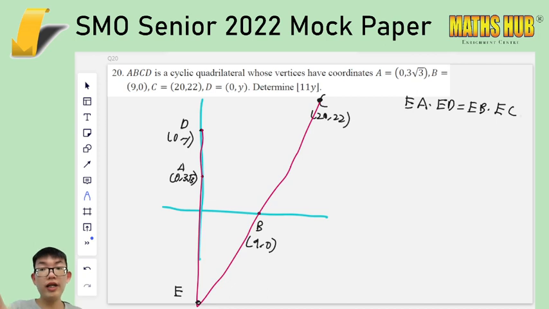Is because, well, I know point E. There is no unknown because AD is just simply on the y-axis, so this is also on the y-axis, and this is a pretty nice line. Right? Line BC, the gradient is 2, so this is actually y equals to 2x minus 18. So this point E would be just 0, negative 18.